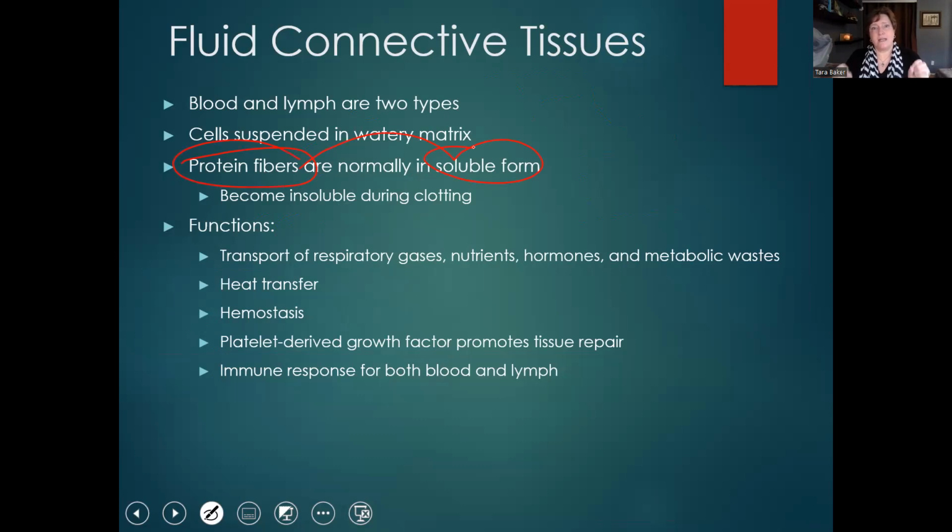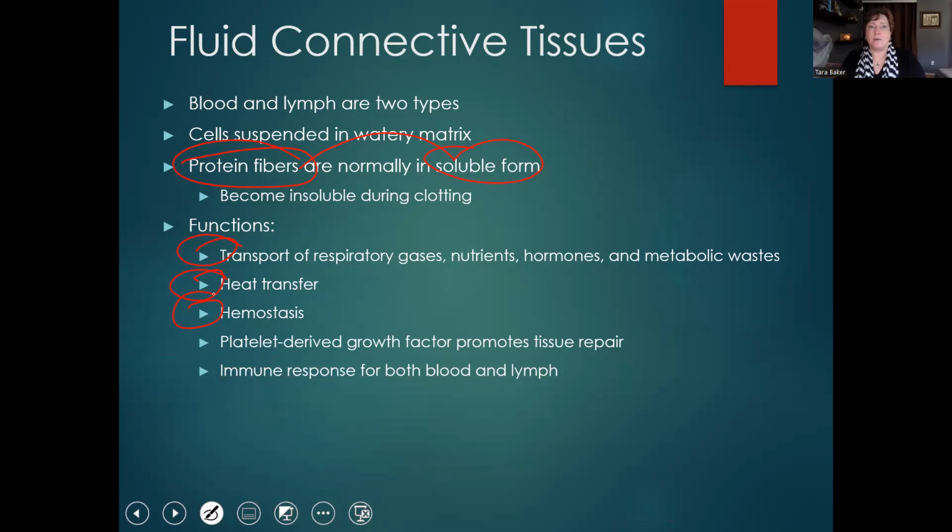When you need clotting, these fibrous proteins are going to become insoluble and lock together to form the clot for you.